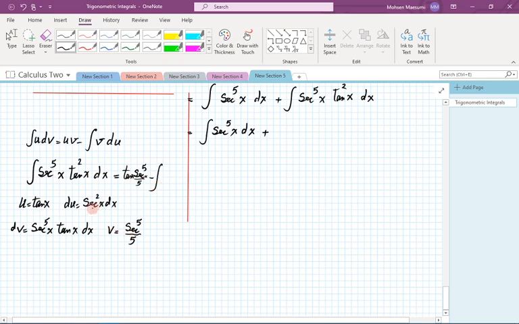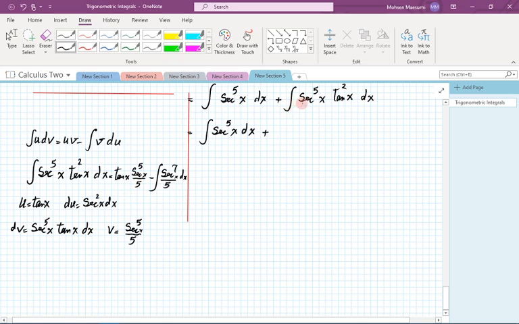V times du, secant to power of 5, secant to power of 2, it compresses to secant to power of 7, in the denominator is a 5, x dx. Let me write this thing better so that I am not violating my own rule of keeping it neat. So tangent of x, don't have enough space here, this was secant to power of 5 of x over 5.